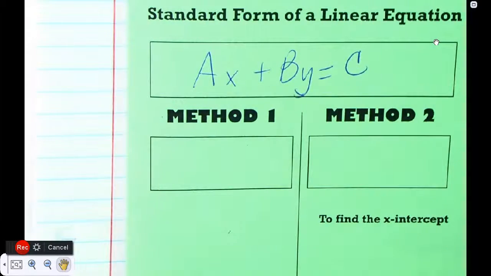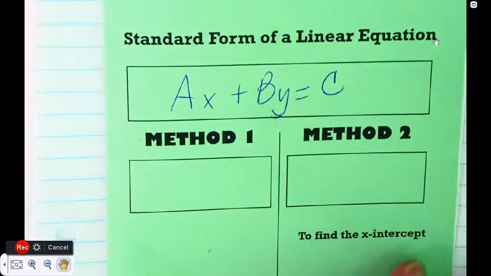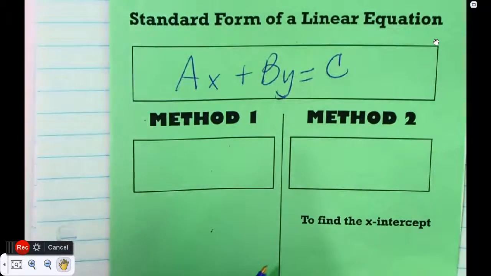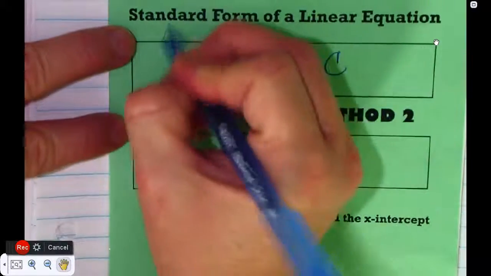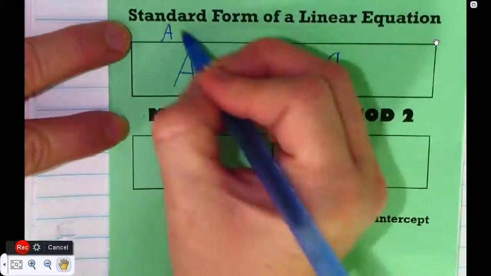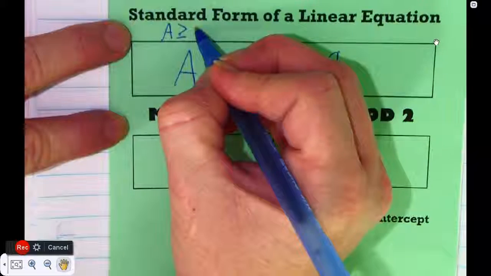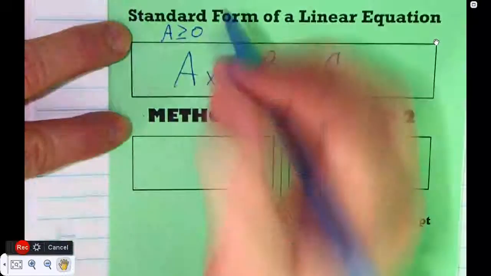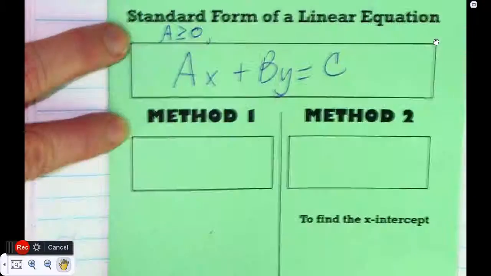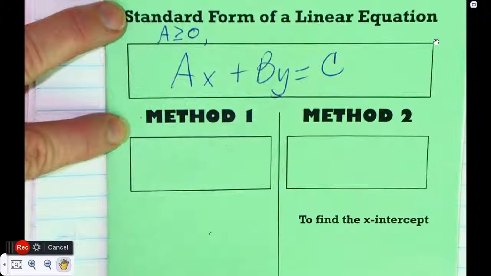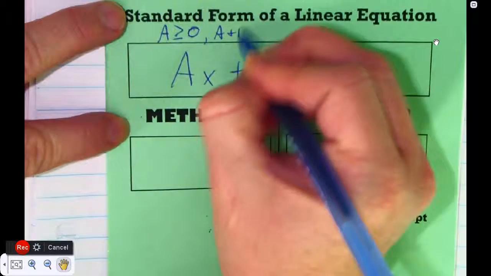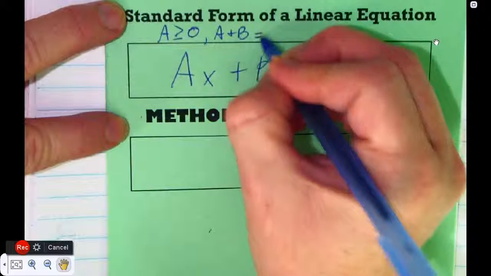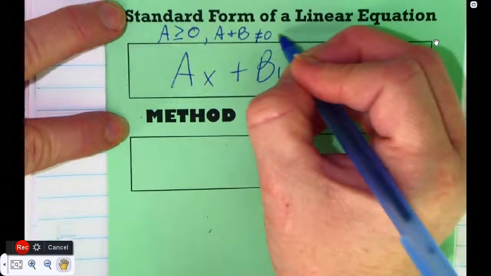Okay, so let's review what standard form is. Who knows what A cannot be? Can't be negative. So A has to be greater than or equal to 0. A and B, and we're just going to use symbols, A and B cannot equal 0 at the same time.